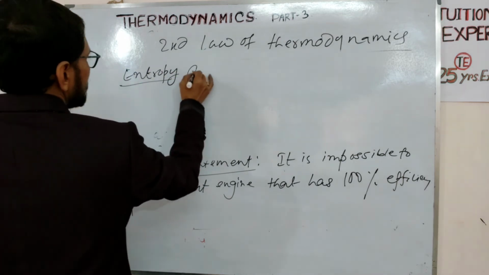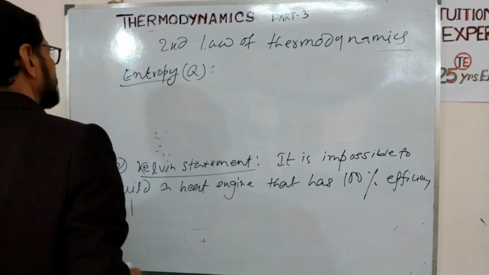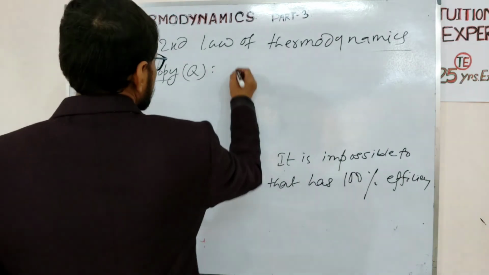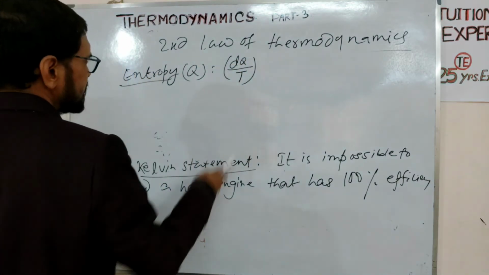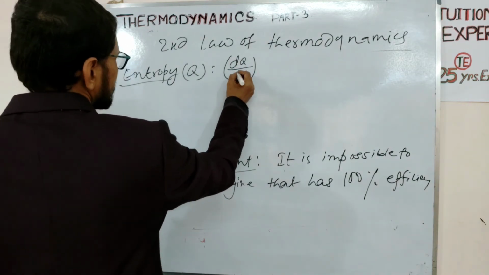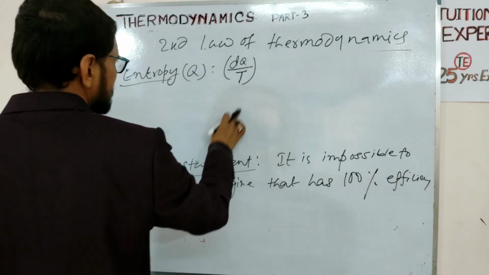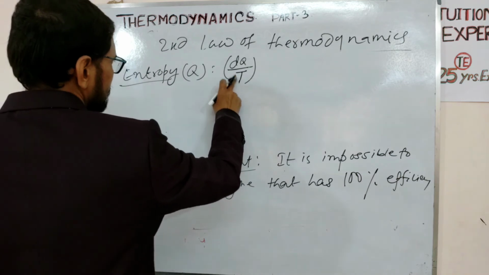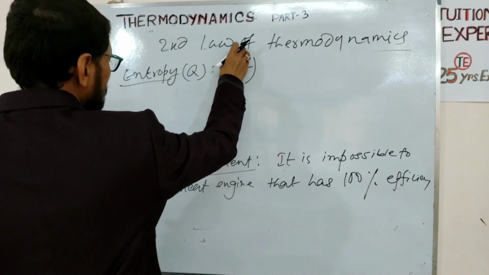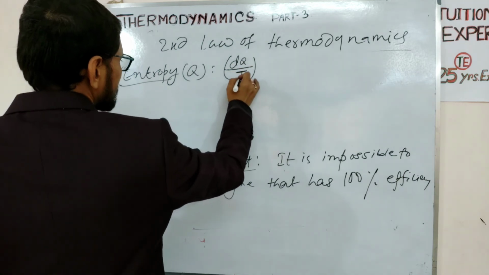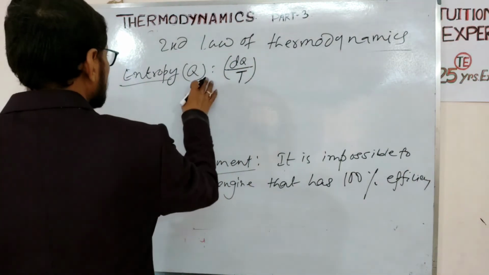What is entropy? The definition is dQ by T, that is, heat rejected or absorbed divided by its temperature. This is the ratio of heat absorbed or rejected to the temperature of the body. This is called entropy.